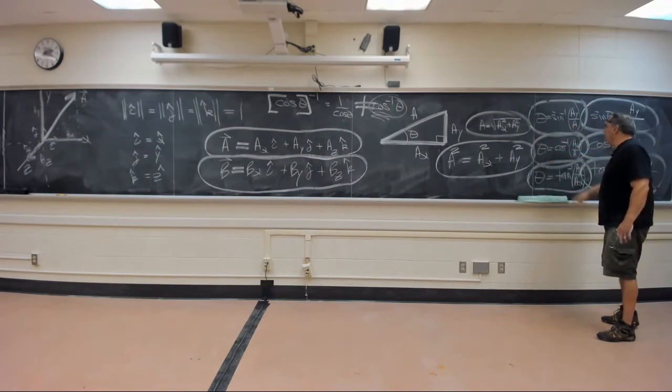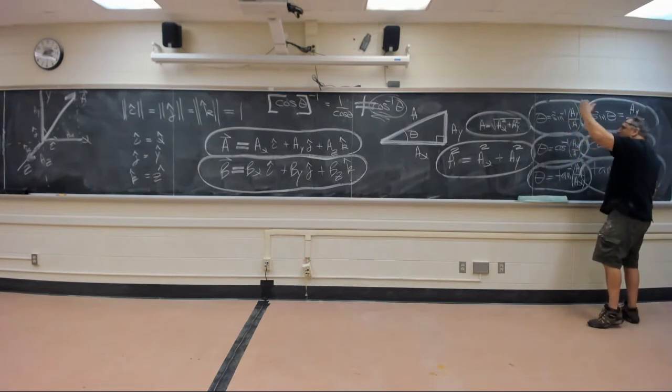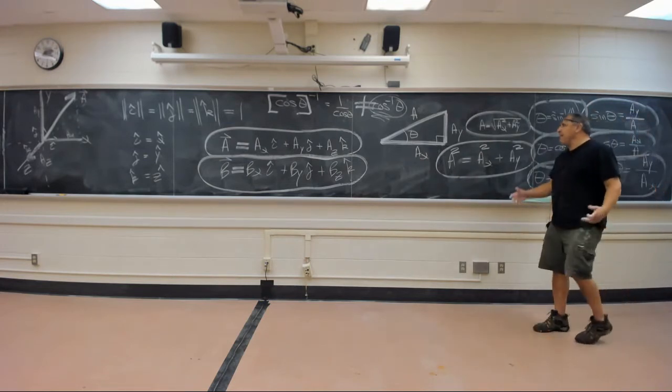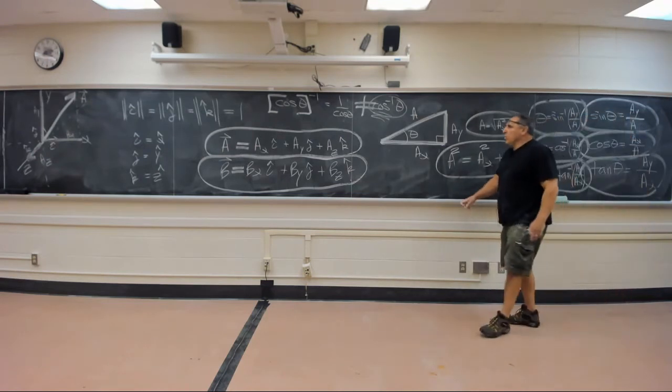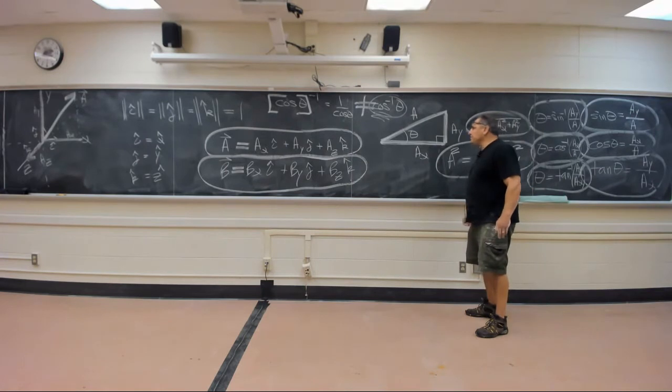For what angle, put a number in here, 5? Probably not, it can't work, but some other, like 0.5. What angle would give me 0.5 for a ratio? And that's the following, a 30-degree angle. The sine of 30 degrees is 0.5. If this is 2, that's 1.